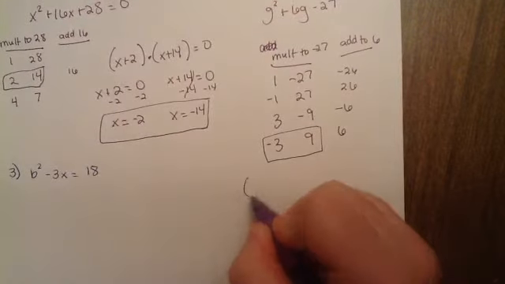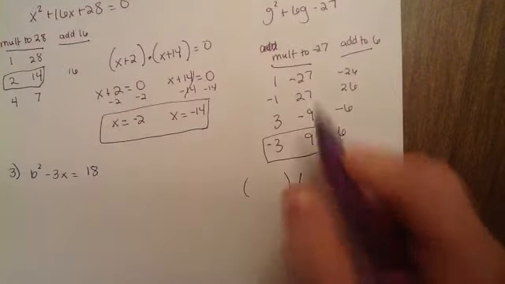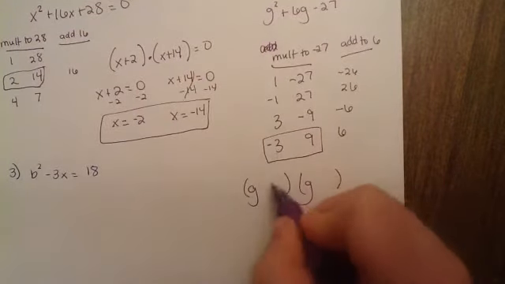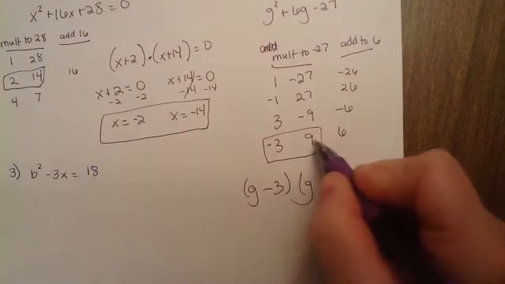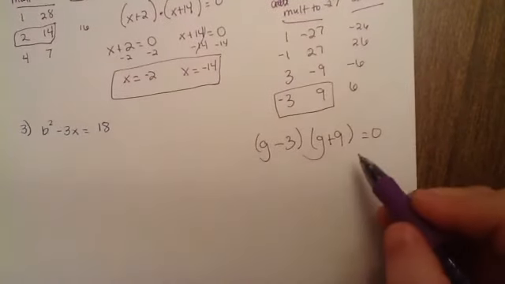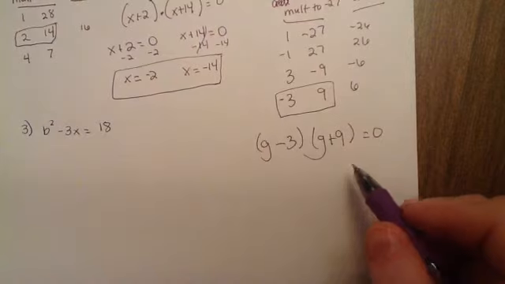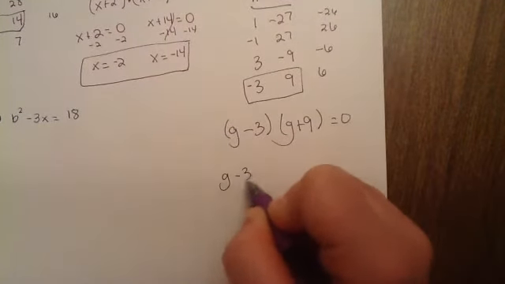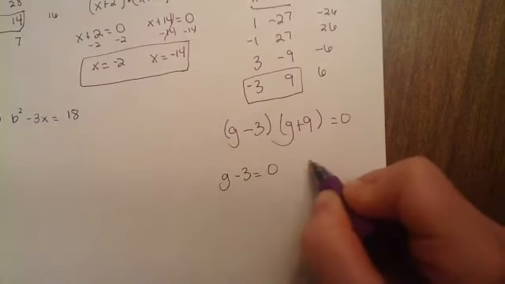So in my parentheses we should have g minus 3 and plus 9. Now if this equals 0 and they want us to solve, what did you have to do next? Set each piece equal to 0.